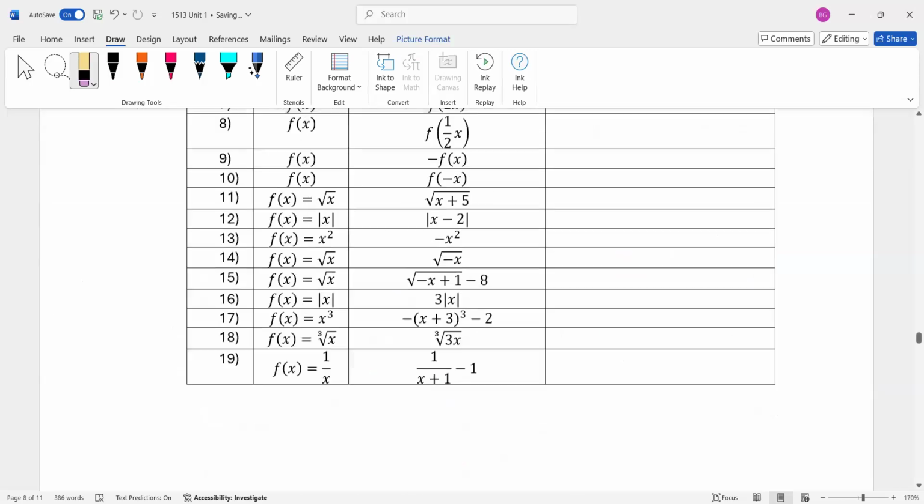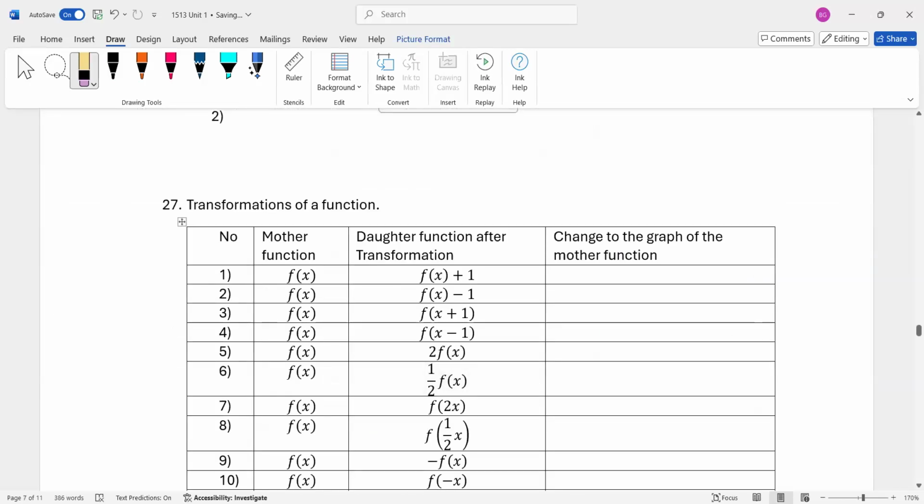So we can summarize, when we add a number, here a positive one, by the way, when we add a 1 to the function, the change to the graph of the mother function is the graph shifts upwards 1 unit. Do you see it, guys? Is that clear?